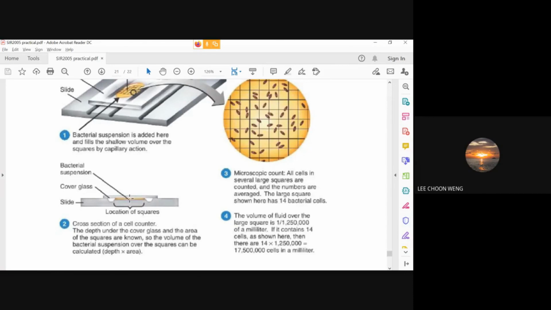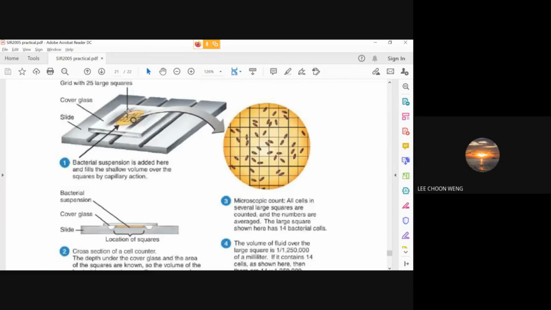Then there is a standard fixed volume of sample in the grid. From there you can count the bacteria in the grid. Since you know the volume of the grid, you can estimate the bacterial count in your liquid sample.